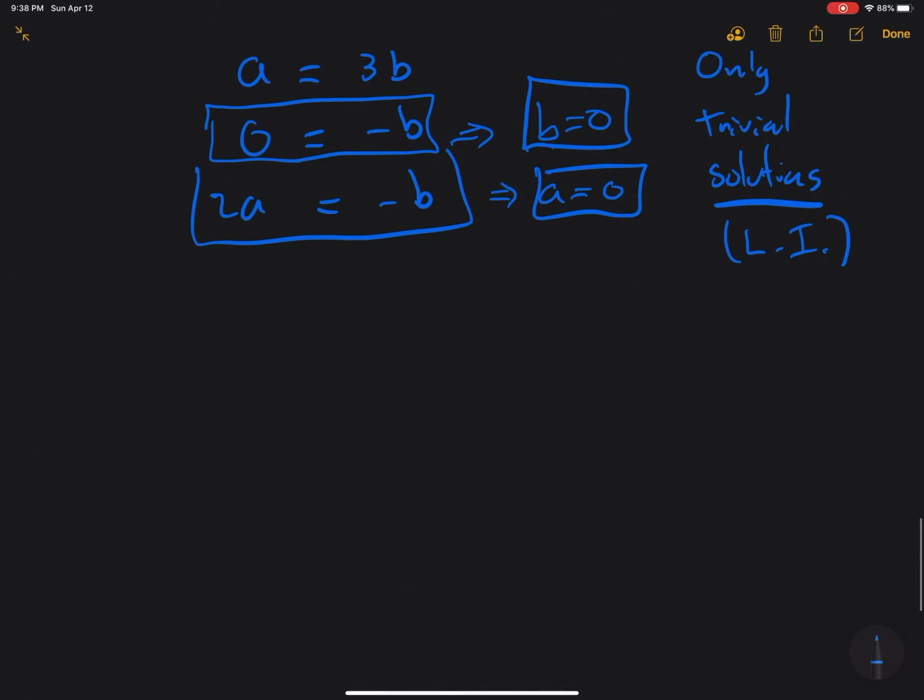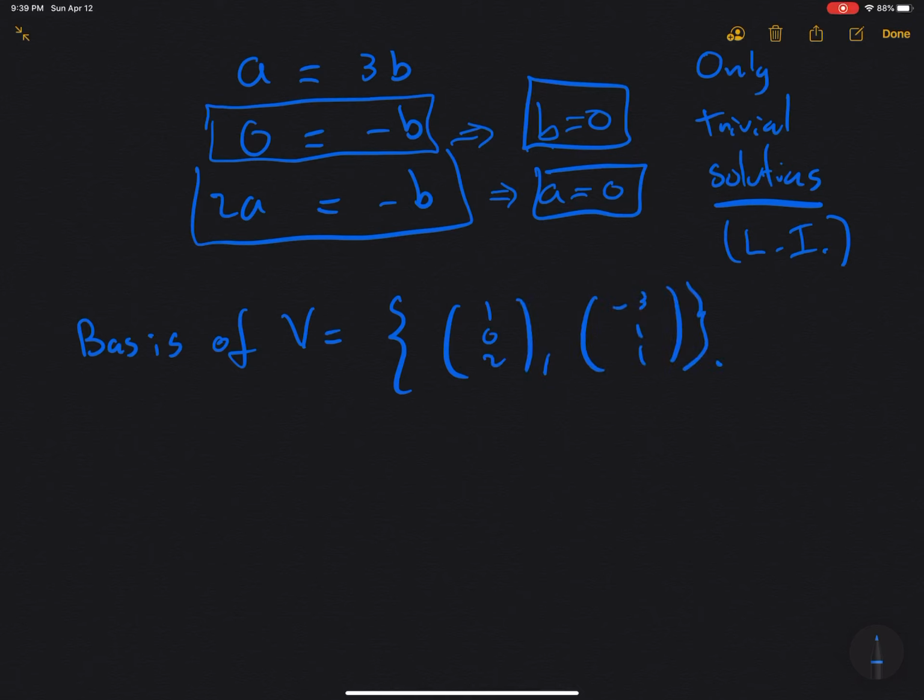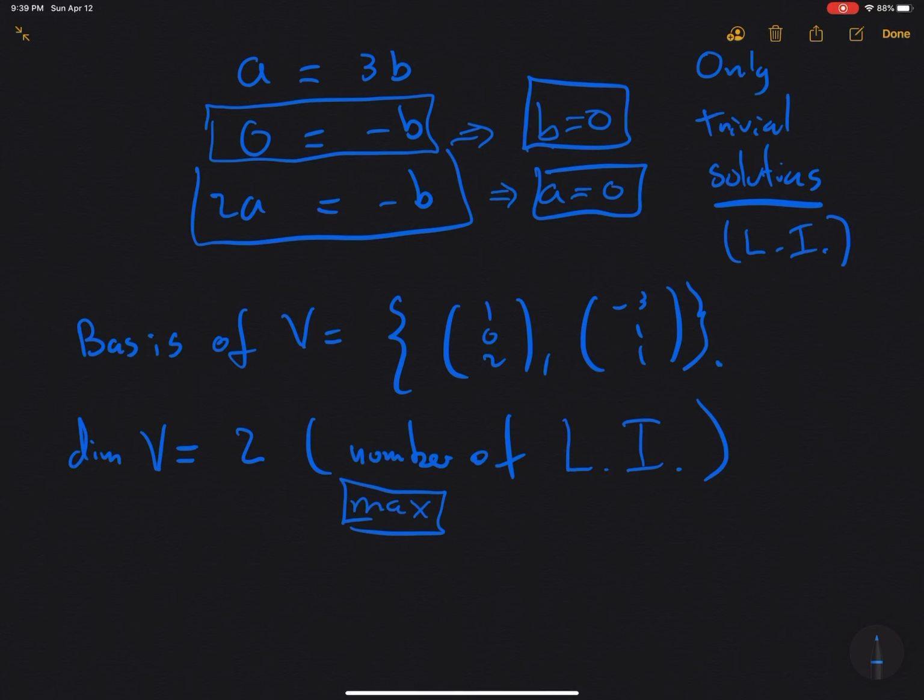In other words, I can say that this set is a basis for V. And since I have two of them, we have also that the dimension of V is 2, which means the number of linearly independent vectors. I also want to say that this is the maximal number of linearly independent vectors.